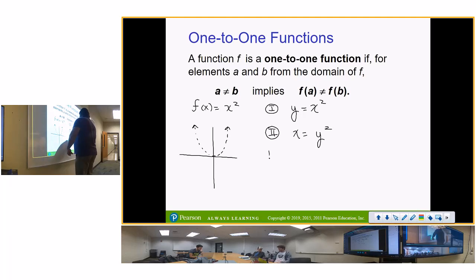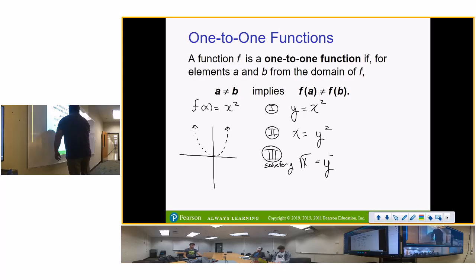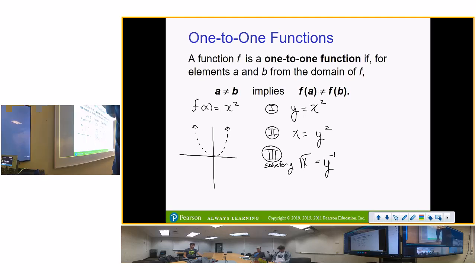And then third, you solve for y. And that's going to be y equals the square root of x. As soon as you solve for y, that becomes the inverse. That's how you algebraically find an inverse function.